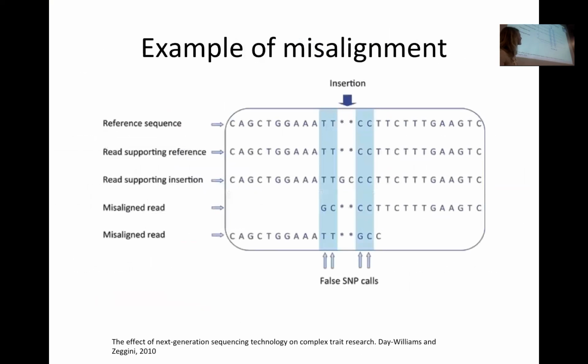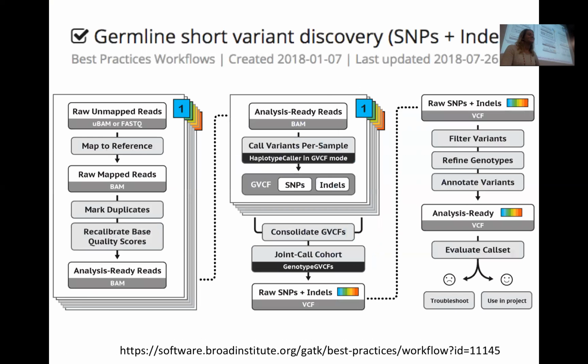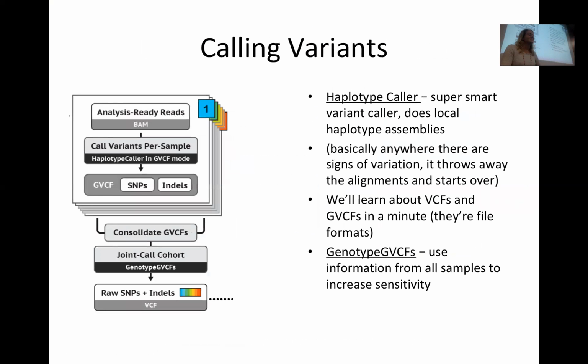And so it would actually get rid of the reference, reassemble these reads, figure out that GC is an insertion, and then go back and map it back to what they think is the new reference instead of the old reference. So it's a lot more accurate, if that makes sense. Yeah, so that's kind of how it works. It does a really good job.